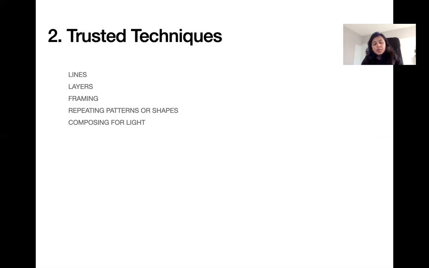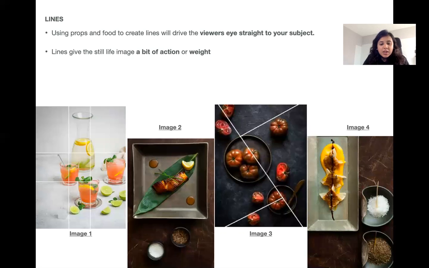So moving on to the second point, these are some of the trusted techniques that can be used for composition. The first one is lines. We can use props and food to create lines that will drive the viewer's eye straight to the subject. Lines are very popularly used to draw the viewer's attention, and they can be horizontal and vertical, as seen in image one, an example where both kinds of lines are used.